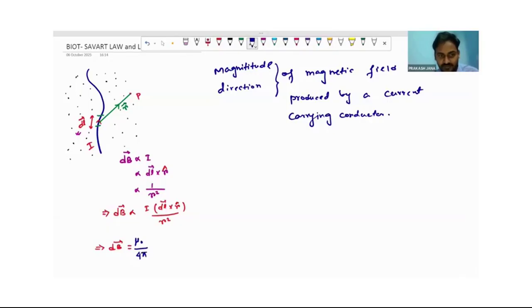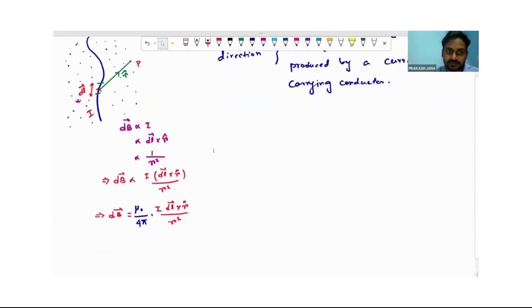So dB equals mu naught by 4 pi, I dl cross R cap by R square. This is the vector form of Biot-Savart law.